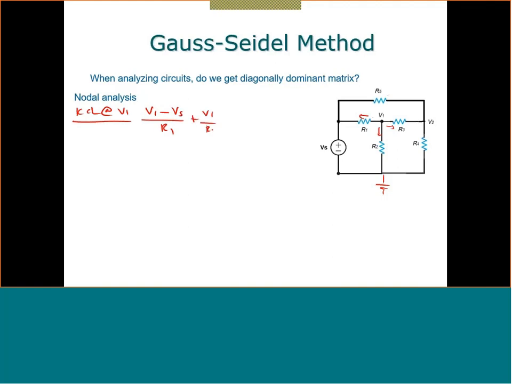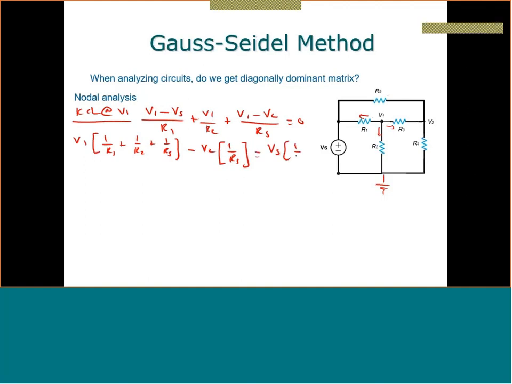So I will have V1 as a common factor here, so we'll have V1 times (1 over R1 plus 1 over R2 plus 1 over R3) minus V2 times 1 over R3 equal to Vs times 1 over R1. So this is the first equation. The second equation, KCL at V2. Currents are again all leaving here.